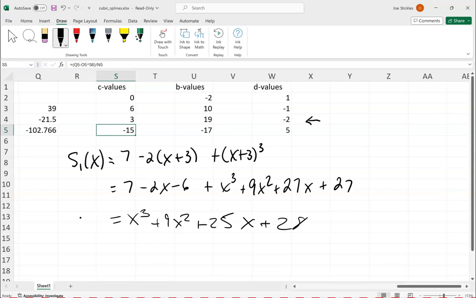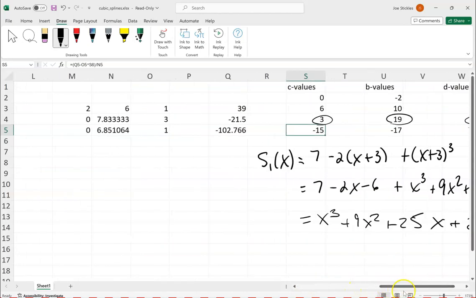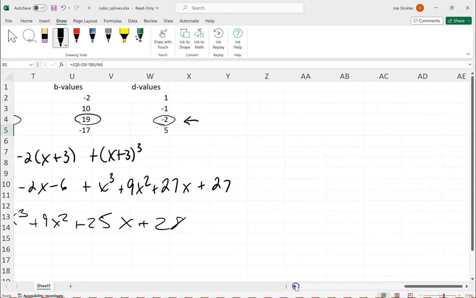I've got a -2x cubed here. Yeah. I've got a 3x squared. I've got a 19x. And if I scroll over, I get a 26. So I really do have that one too. That one was pretty easy to check. Oops, that was farther than I wanted to go.